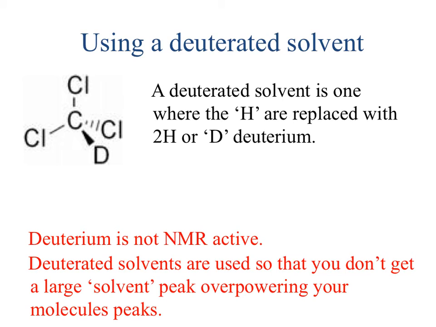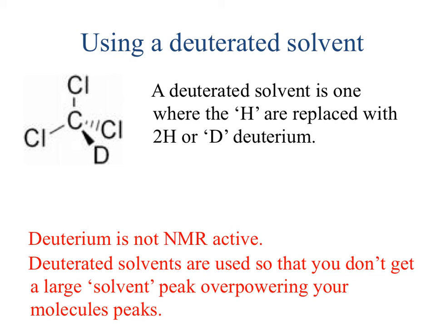Now the reason that H2 is not detected by the NMR machine is because it's got an even number of particles in its nucleus, and our NMR machine will only pick up hydrogens that have an uneven number. So hence it picks up H1 atoms or H1 hydrogens.